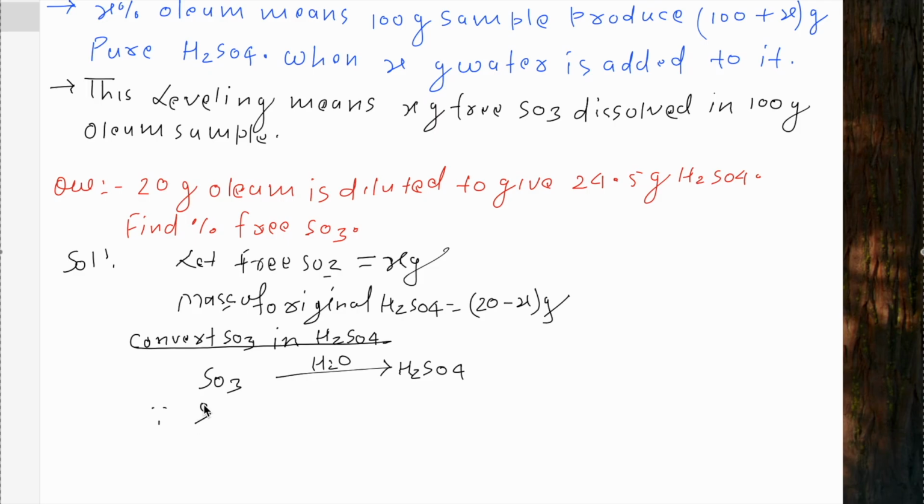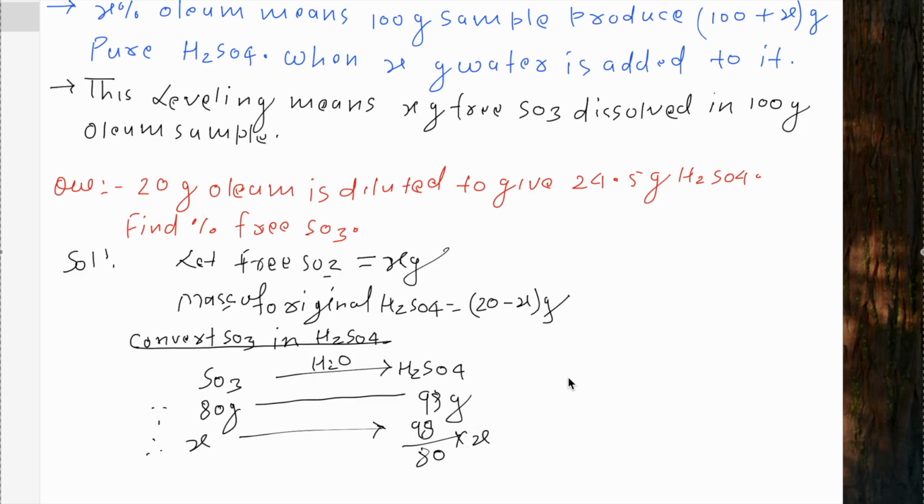Here molecular mass of SO3 is 80. 80 gram SO3 gives how much H2SO4? 98 gram. So now x gram will give how much? Directly we can find. That is 98 upon 80 into x.